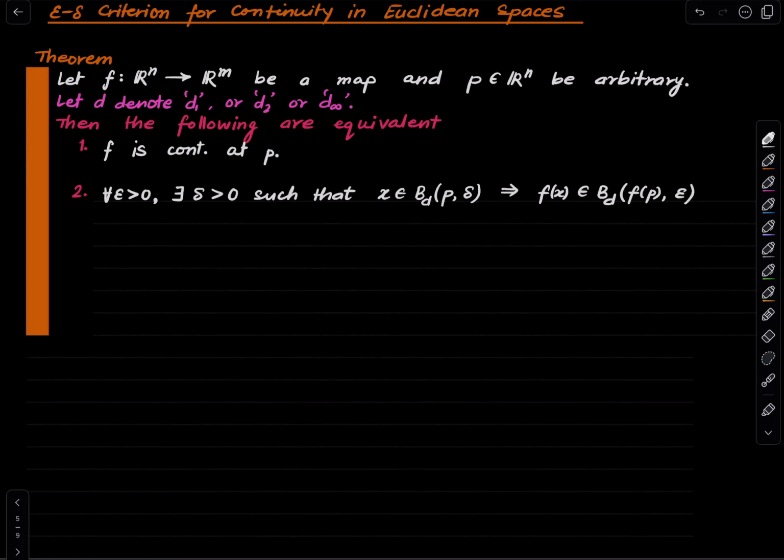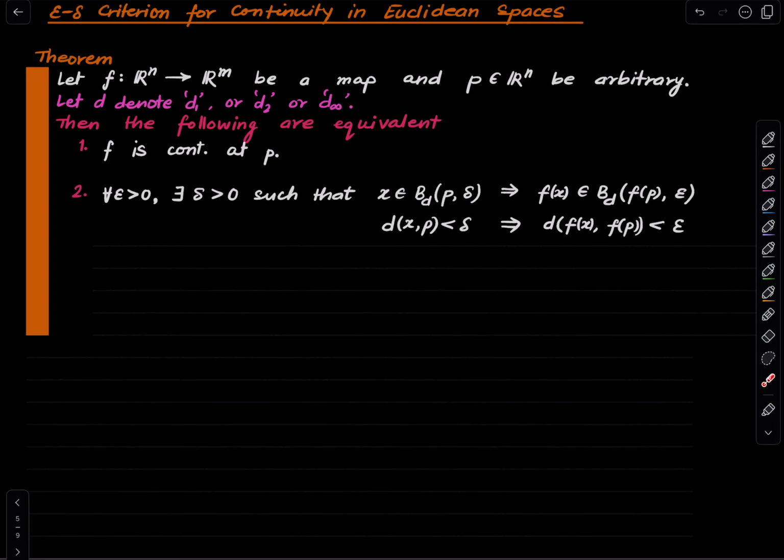Or in other words, just writing it differently, the distance between x and p less than delta implies that the distance between, what have I written? This is just d. Distance between f(x) and f(p) is less than epsilon.